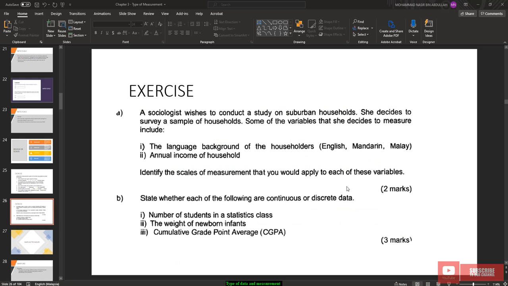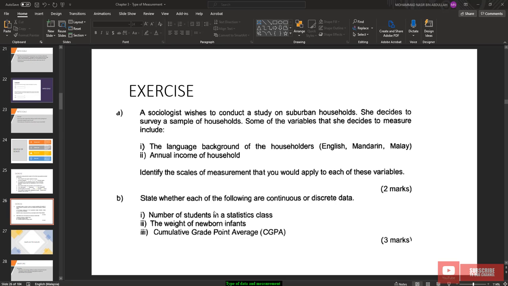So this one I leave for you to do as an exercise. Please test yourself on what type of variable and what scale of measurement you can identify from this question. It should be very easy. It takes you only 2 or 3 minutes to identify. Right. State whether each of the following is continuous or discrete data.